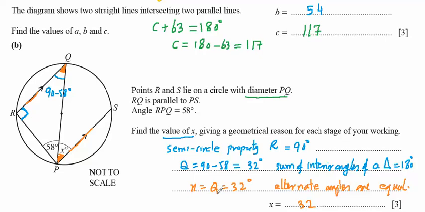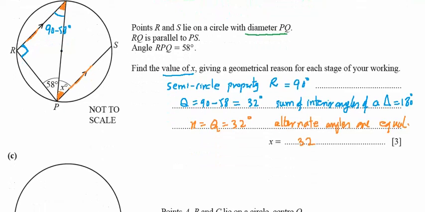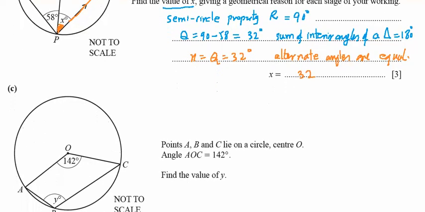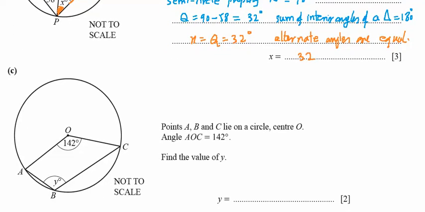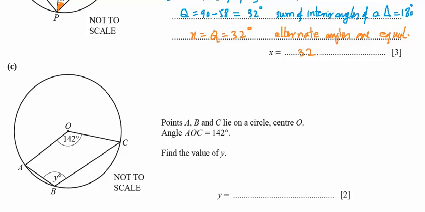Okay, so then we have the next question, part C of the same question. So this is another circle. Remember, in all these cases, it's written not to scale. It means you cannot measure the unknown angle with a protractor to write the answer.